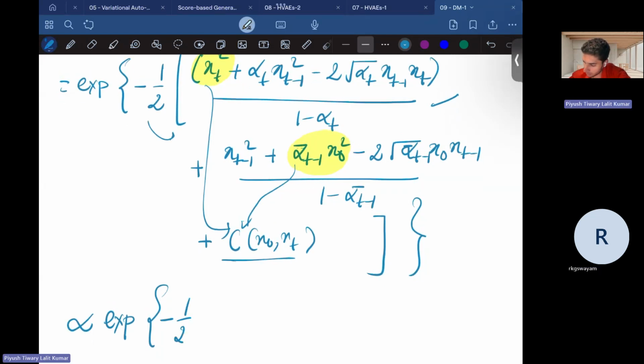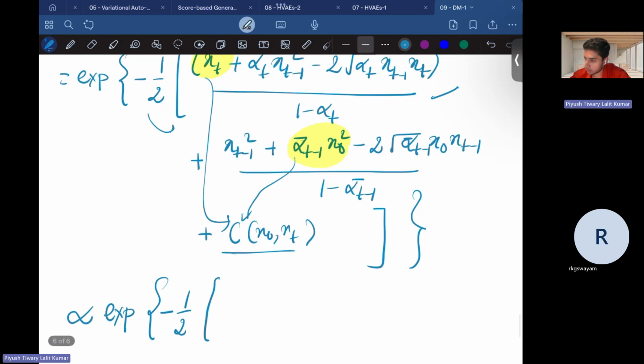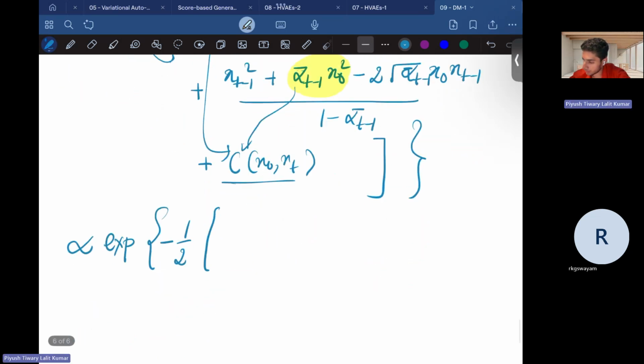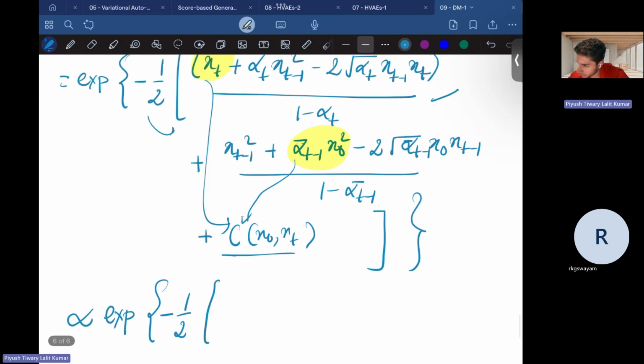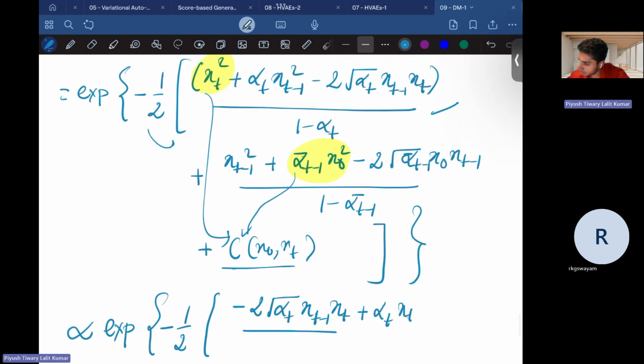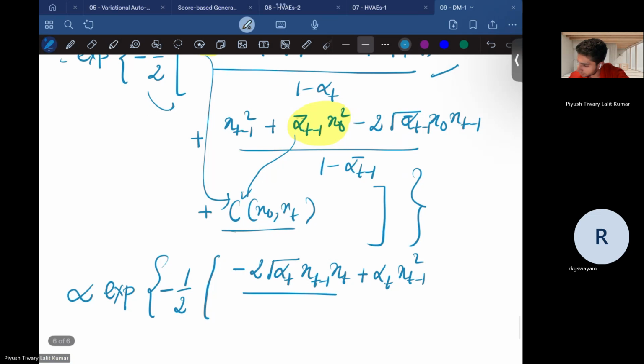So that will become minus 1 by 2. Now let's write it down. This will be minus 2 square root of alpha t xt minus 1 xt plus alpha t xt minus 1 whole square, divided by 1 minus alpha t.